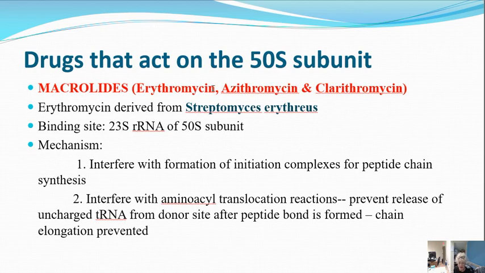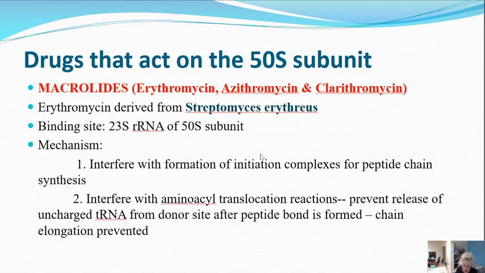50S, macrolides. So the 50S ribosomal subunit is attacked by your macrolides, your erythromycin, azithromycin, and clarithromycin. The binding site is the 23S ribosomal subunit of the 50S subunit.